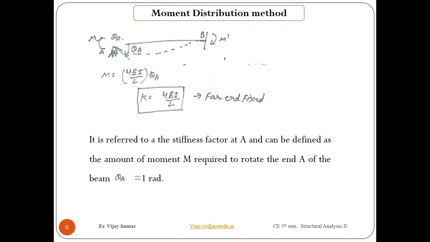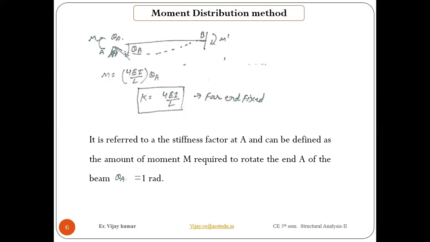What does that mean? The stiffness factor will let us know how much moment is required to rotate my end A by 1 radian. If you want to rotate my end A by an angle of 1 radian, how much moment do I need to apply? That will be given by the stiffness factor. Clear? I am repeating again.